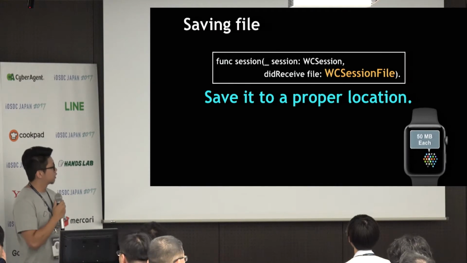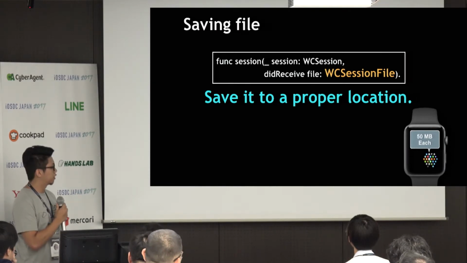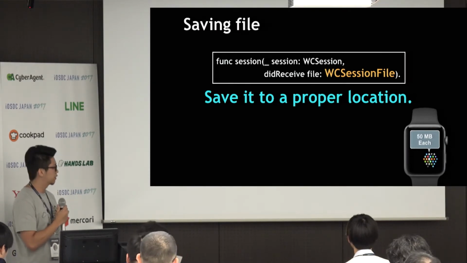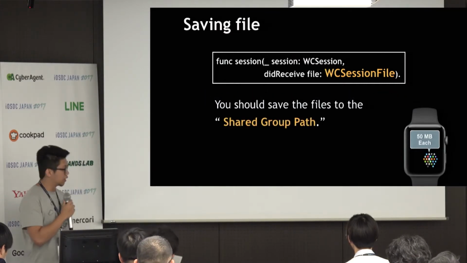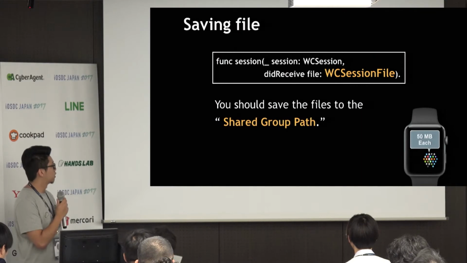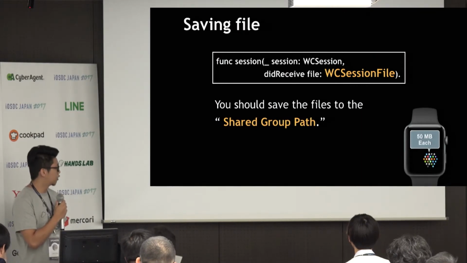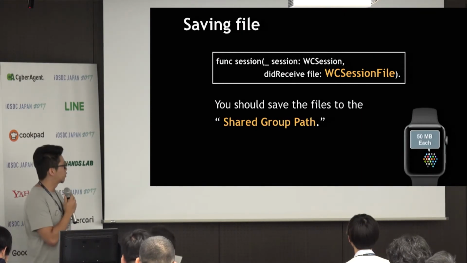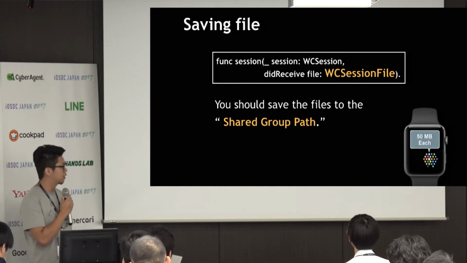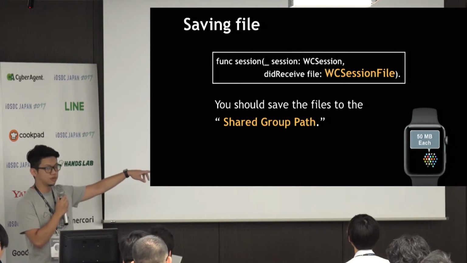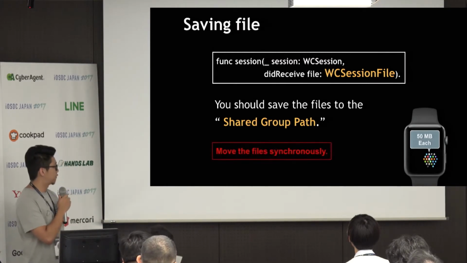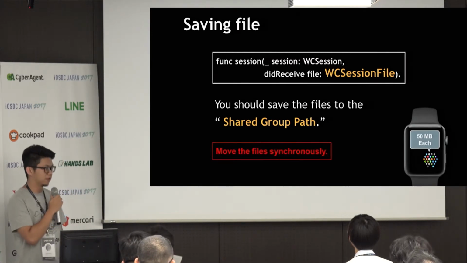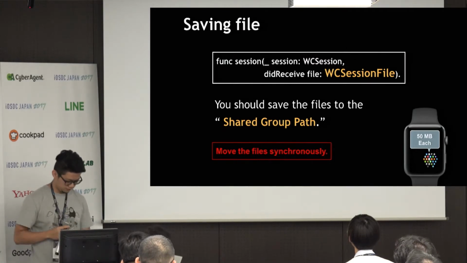And remember, there is a storage limitation for each app on watchOS, about 50 megabytes. So you should save your file to the shared group path, or otherwise your audio file will be counted toward the 50 megabyte size. And when you move the files, please notice that you should move them synchronously.